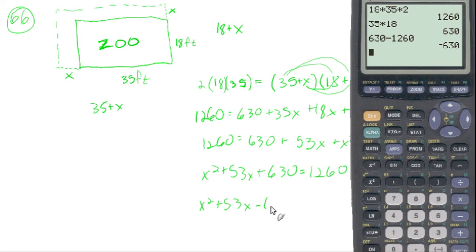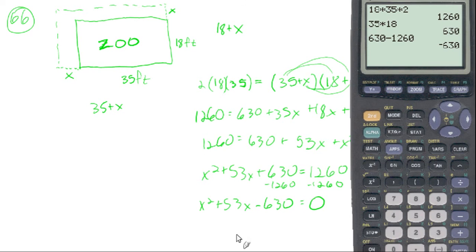So we have x squared plus 53x minus 630 equals 0. All right, so we need two numbers that multiply to make negative 630 and add to make positive 53.